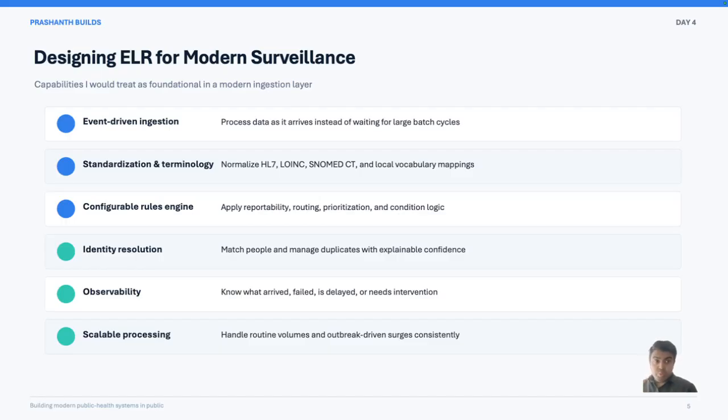Identity resolution would be a dedicated capability rather than something scattered throughout the application. And of course, there needs to be observability, which is very important. Public health teams should be able to answer basic operational questions like what arrived today, what failed, what is waiting, and how fresh is my data. Finally, the entire pipeline should be able to scale when message volume increases during an outbreak.